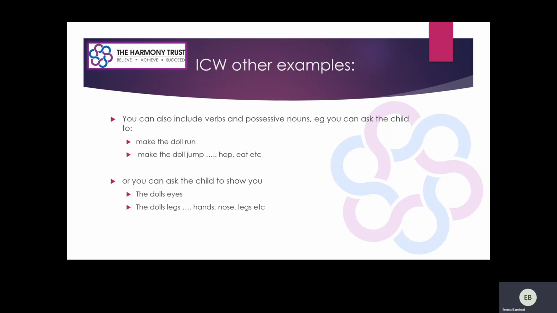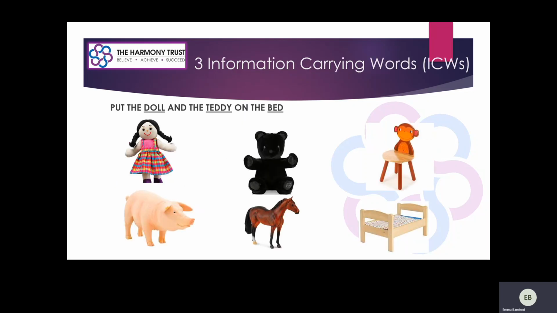Moving on to 3 information carrying words. So now there are 3 choices: a doll or a pig, a teddy or a horse, and a chair or a bed.